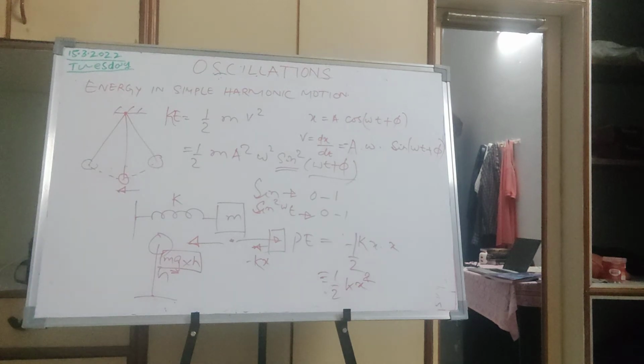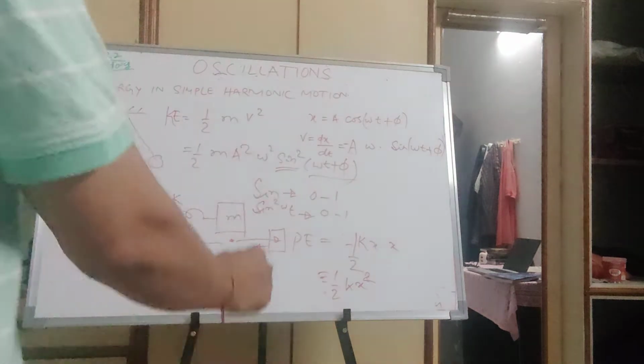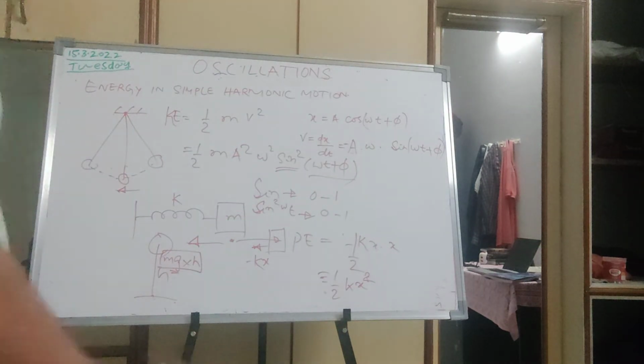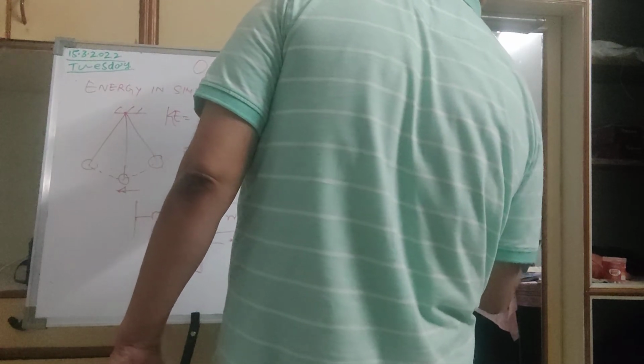Okay. So your kinetic energy expression is this, your potential energy expression is this, and you know x is equal to a cos(omega t plus phi).